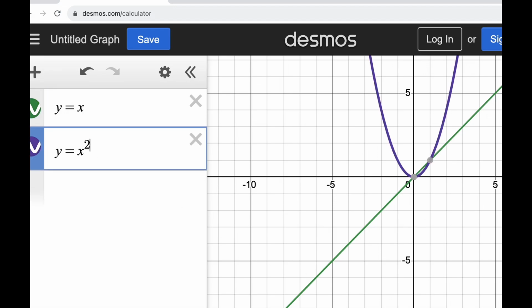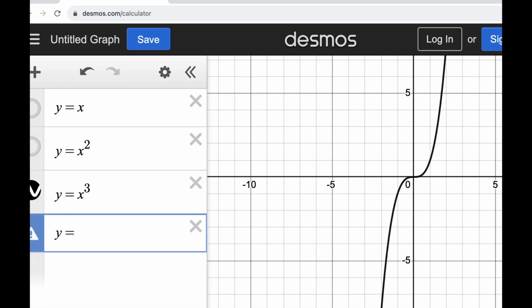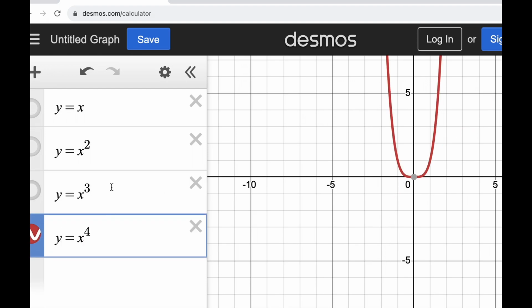If you look at x squared, it only opens upward on both sides. And then if you do x cubed, it's going to cross through and go both up and down. Whereas x to the 4th only opens upward. And so this pattern continues.